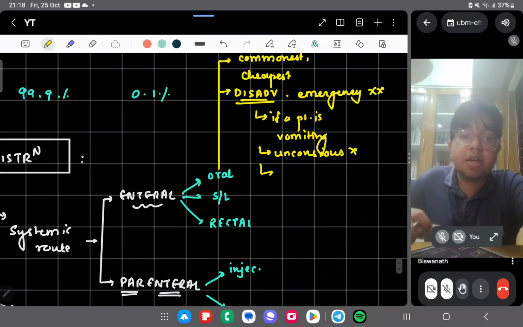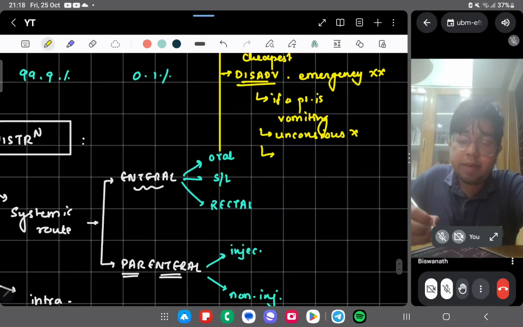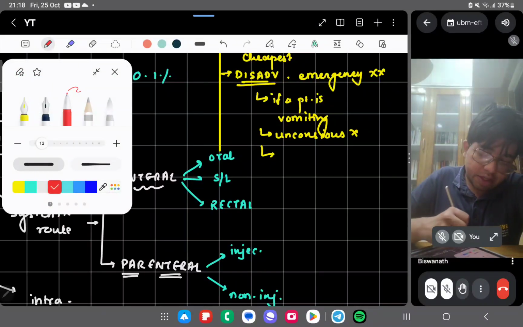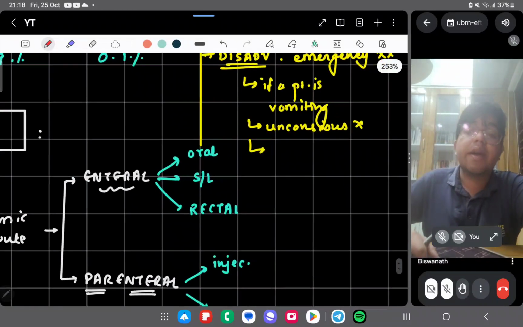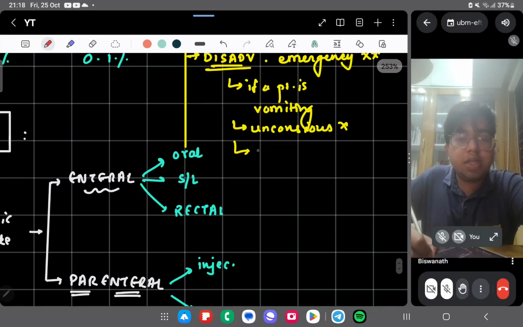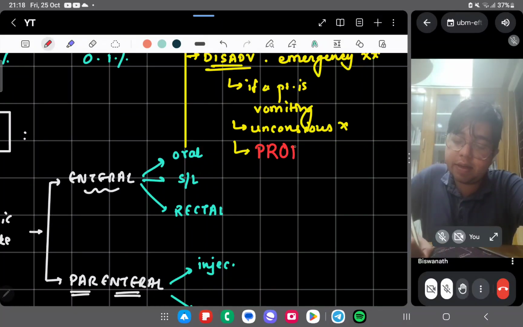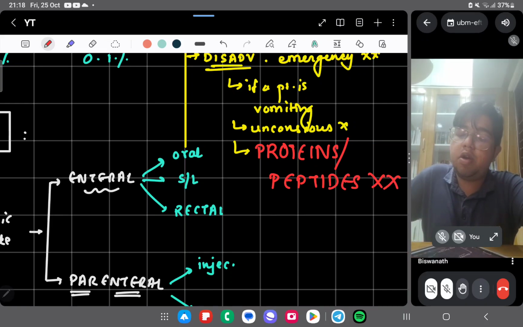If a patient is requiring costly medications like monoclonal antibodies, right? Okay, so in oral route, just remember that you can't give medications which are proteins or peptides. These proteins or peptides you can't give by oral route.